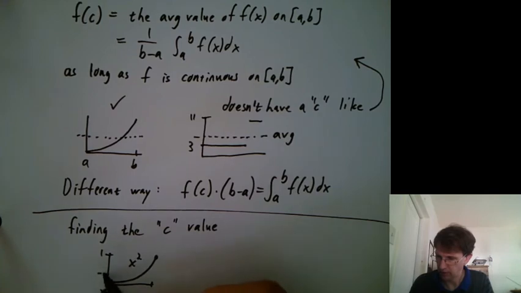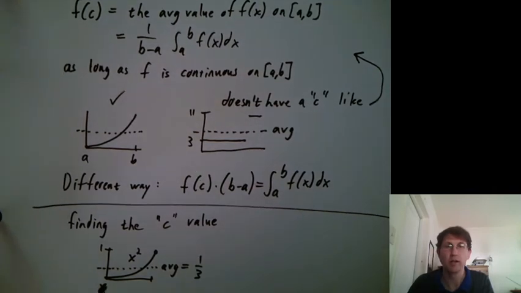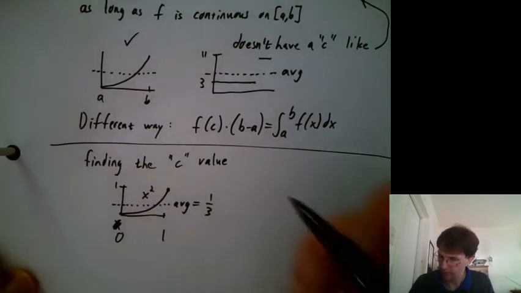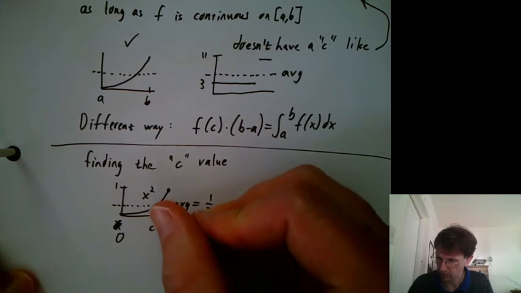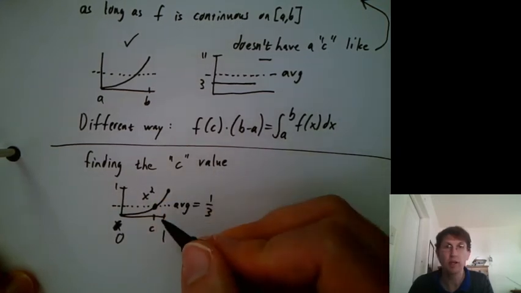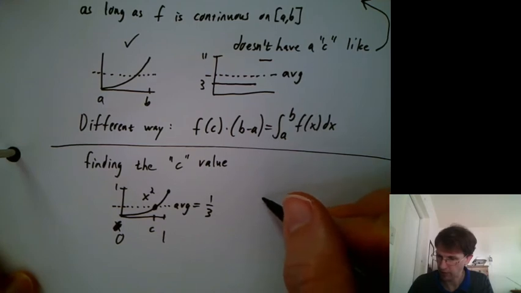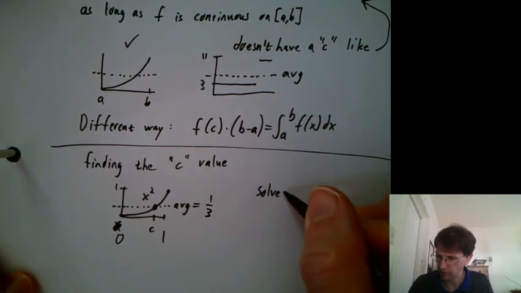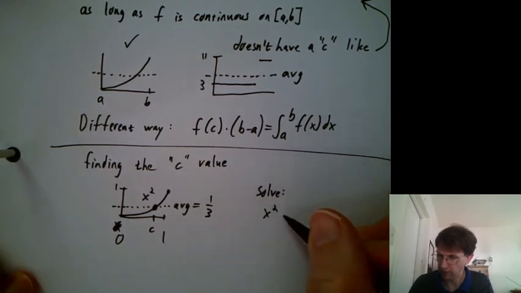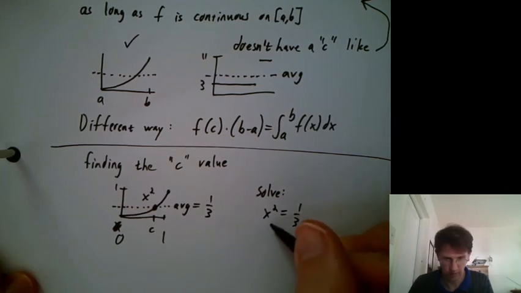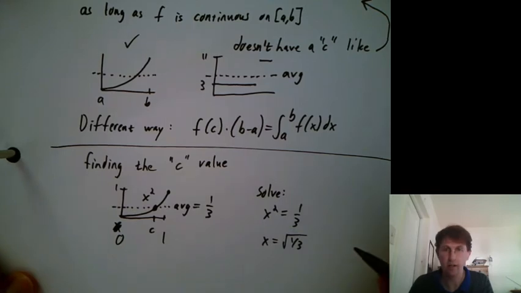And we learned that the average value was equal to 1/3. So what c value will give you an x squared value of 1/3? So we would just write that we're going to solve x squared equals 1/3. Just take the square root on both sides, you get x equals root 1/3.